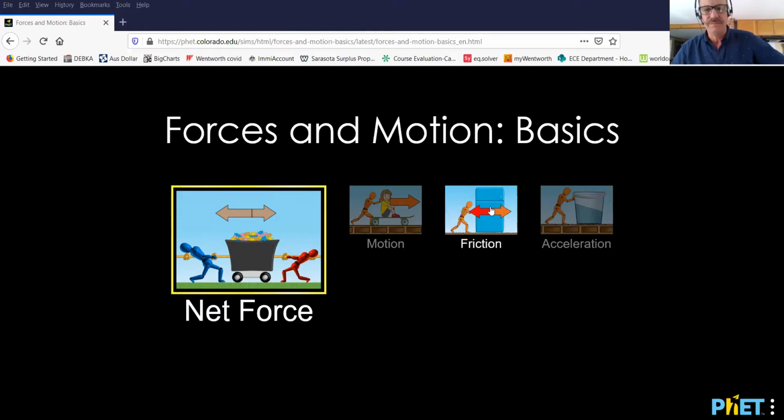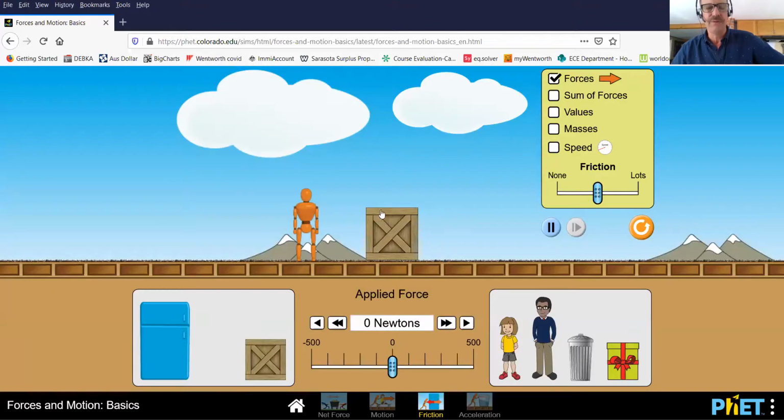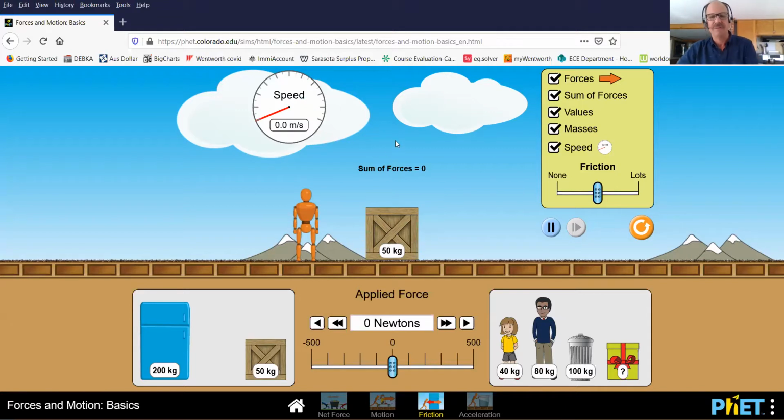Go to Friction. When you go to Friction, you're going to see this. Everybody sees what you're going to do. I want you to click on sum of forces, values, masses, and speed, everything that you've got there. This man has 50 kilograms here.